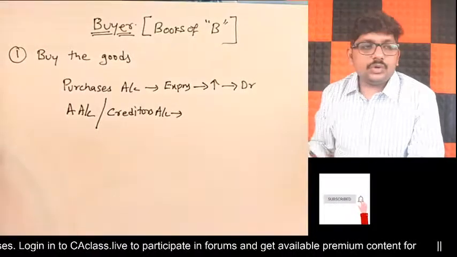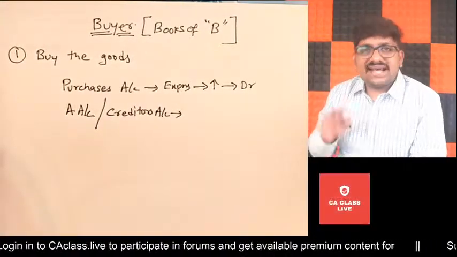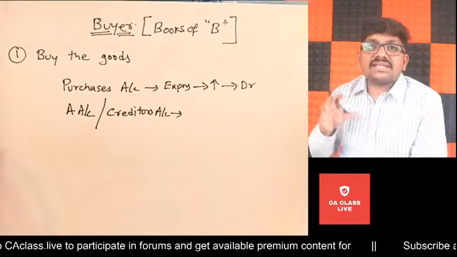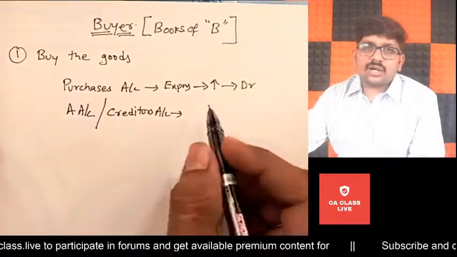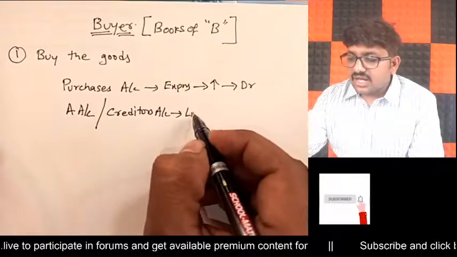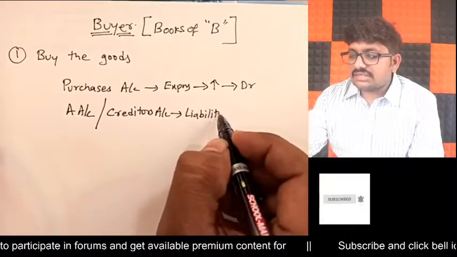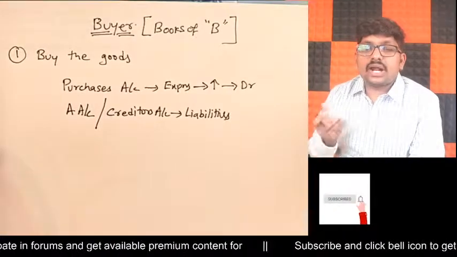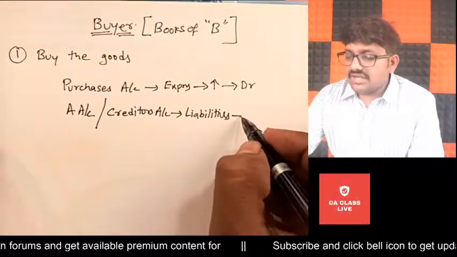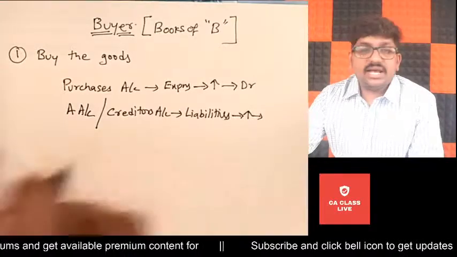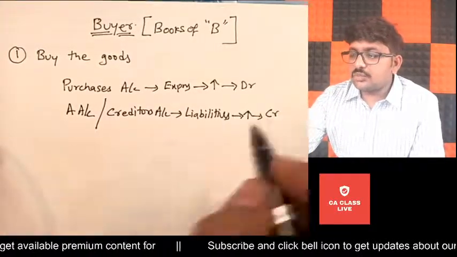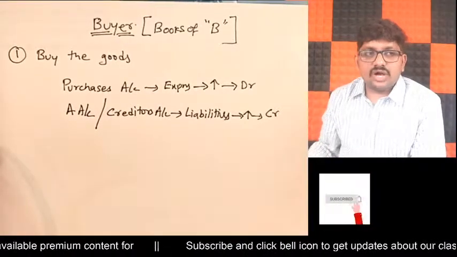A's account or the creditors account is a part of liabilities, because I have to pay them. When you buy the goods, your liability increases, because the more you buy, the more you have to pay back. Liabilities increase, so you have to credit.